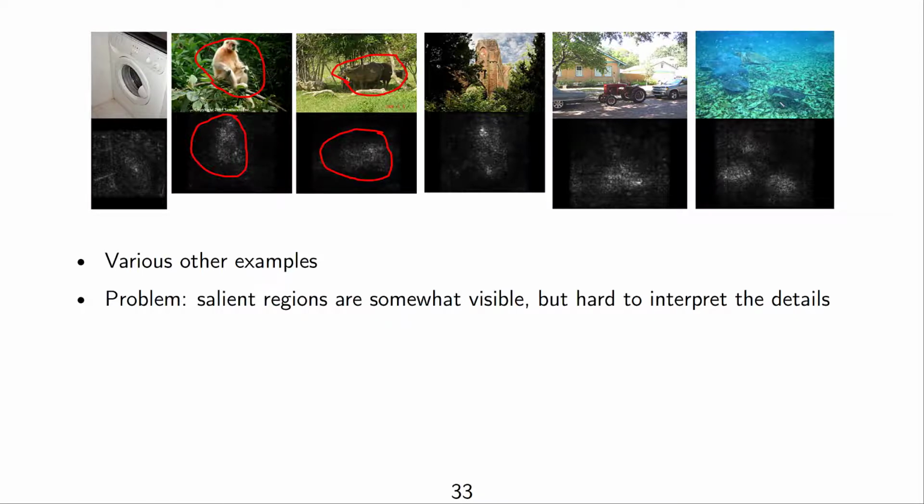Tower, same thing, and also marine animals. There are some rays. You can see this ray seems to correspond to this here, and then this one here maybe it becomes a bit more tricky to say what exactly this corresponds to. Or also, if you're honest, if you look at this visualization here, it's kind of difficult to say what this saliency map semantically depicts.